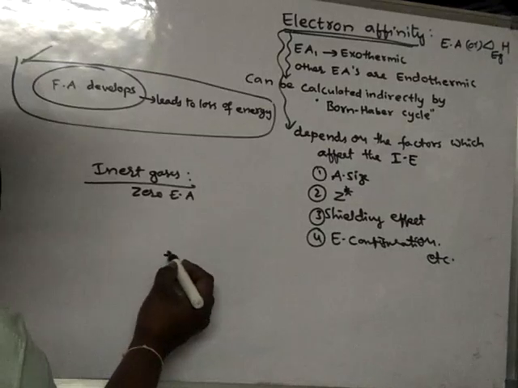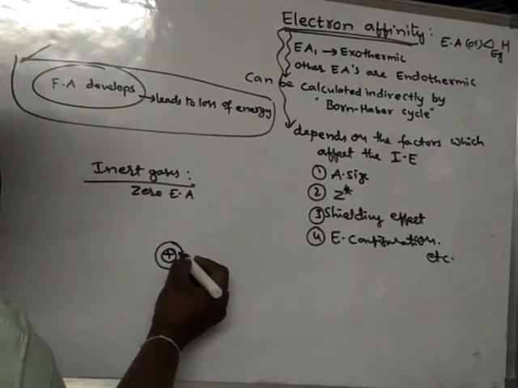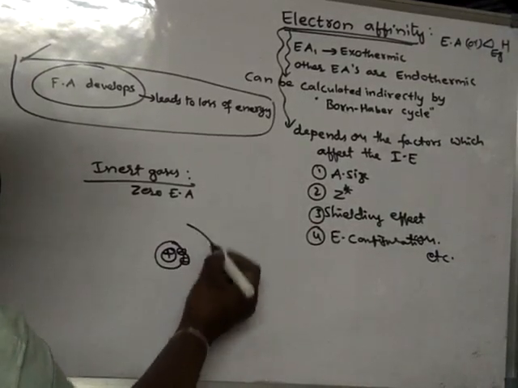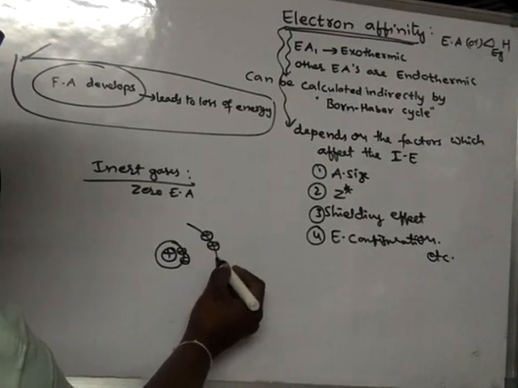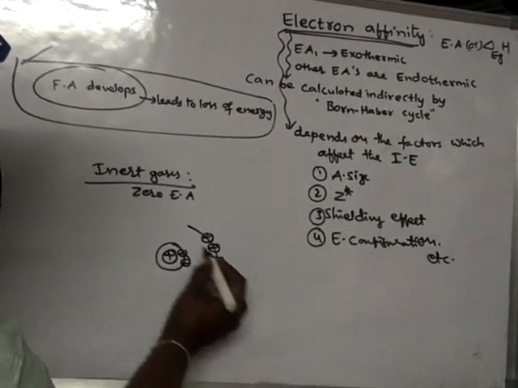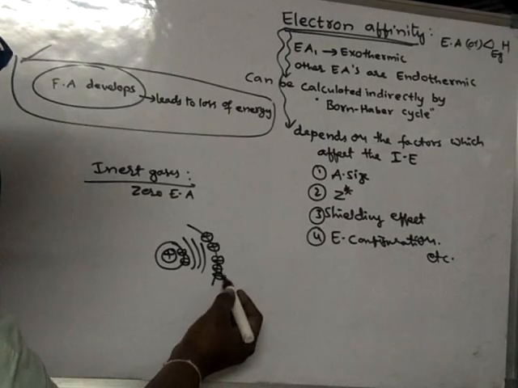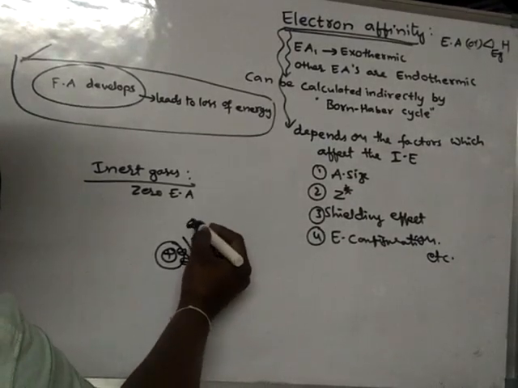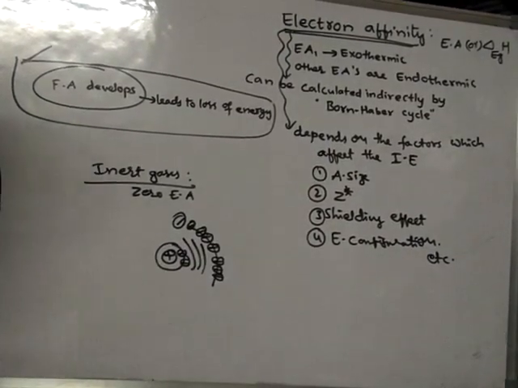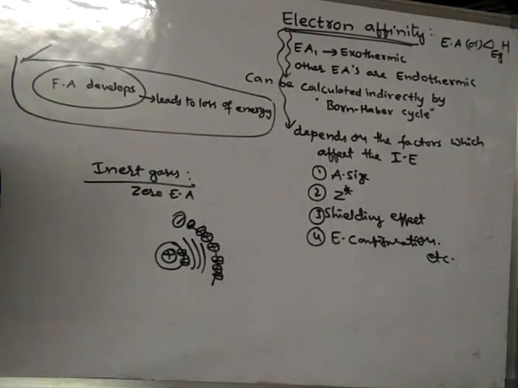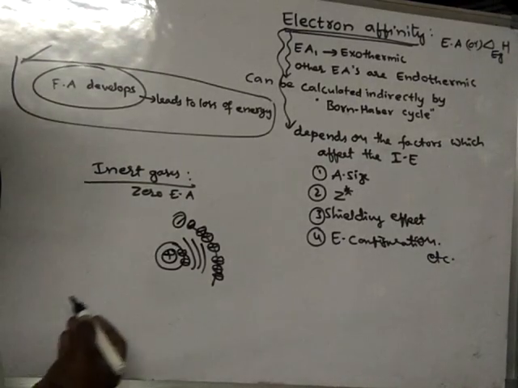Because in the inert gases, the outermost orbit contains 8 electrons. These are the inner shells. So already we have learned that any atom which contains 8 electrons in the outermost orbit is said to be a stable atom. Hence the atoms of inert gases are stable.